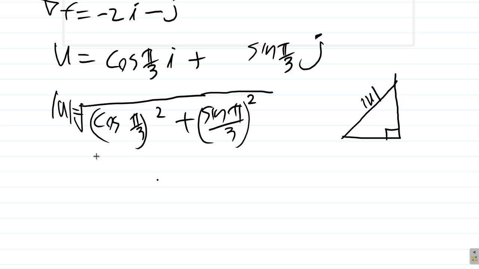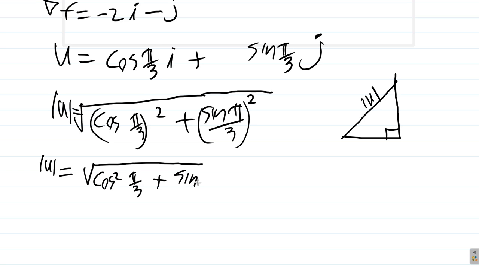It's the hypotenuse. Now, one other way to write this is cos²(π/3) plus sin²(π/3). If you use your calculator and do this, what are you going to get? In fact, it doesn't have to be π/3.